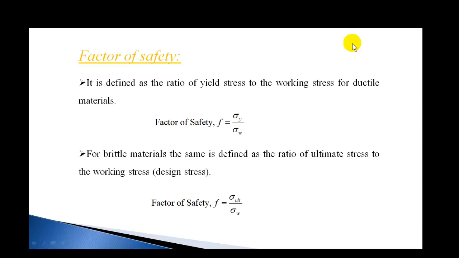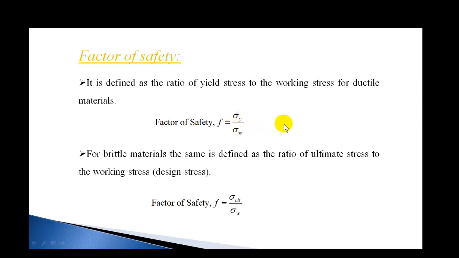If you go for a higher factor of safety, suppose we take a factor of safety of 4, with yield stress 200 in the example. Yield stress divided by the factor of safety gives the working stress. So 200 divided by 4 gives a working stress of 50.